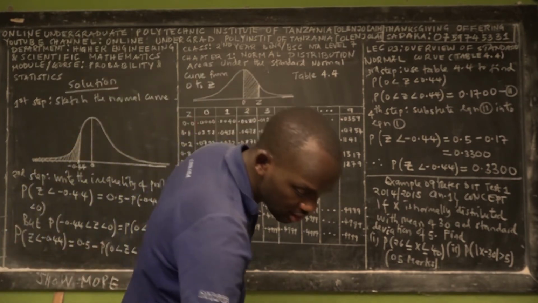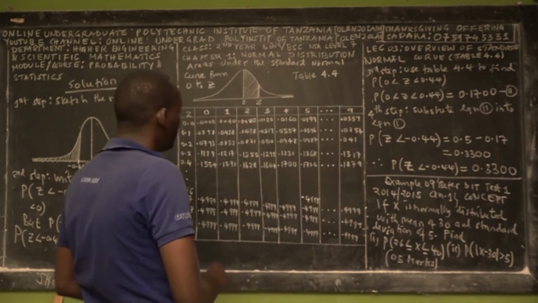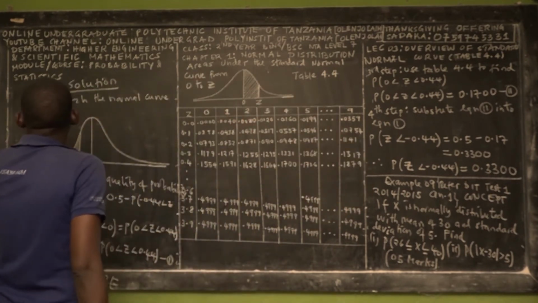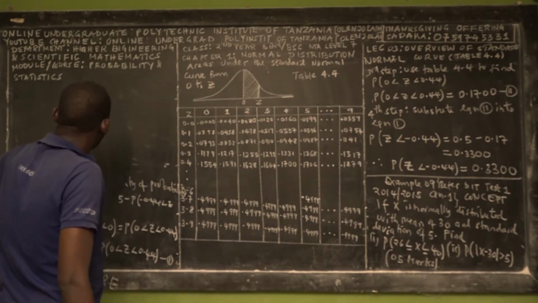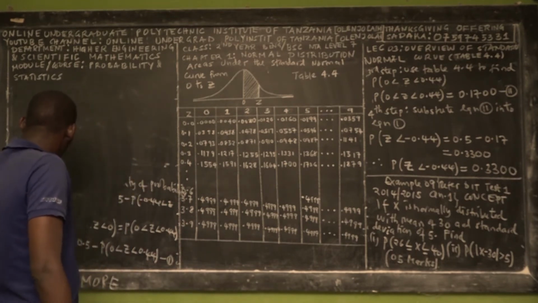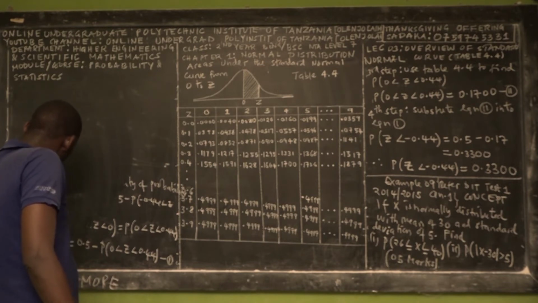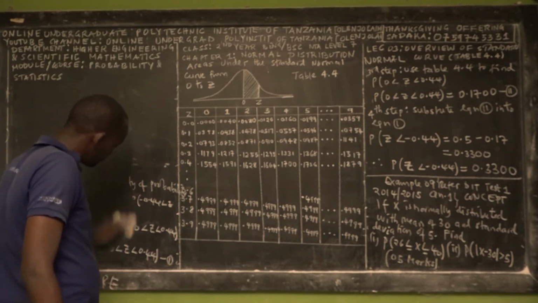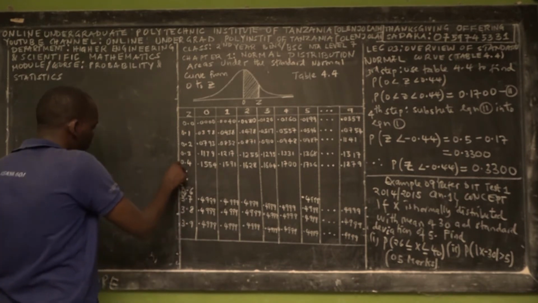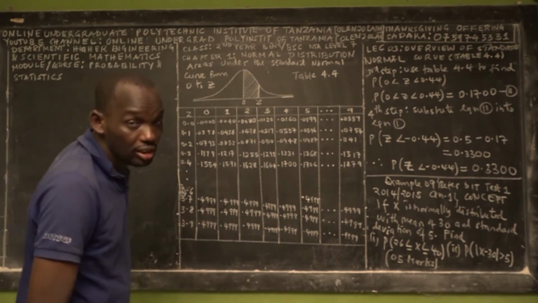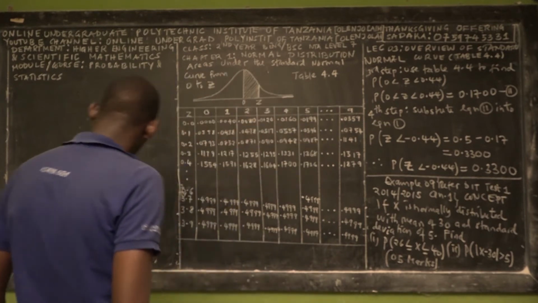If you do that, you have a gift of 5 marks. So it's a concept question. We'll be using the standard normal distribution curve, table 4.4, in solving this problem. But we have to do some simplification first before we use table 4.4.